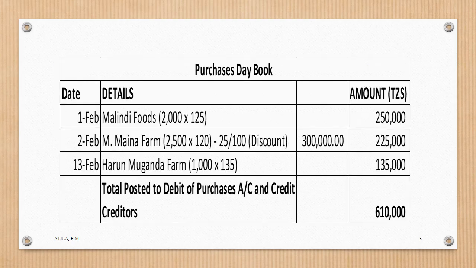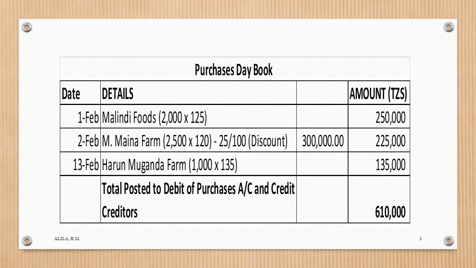So the Purchases Daybook, to be simple, may have columns for date, details, and amount. On 1st February, we bought from Malindi 2,000 times 125, which is 250,000. On 2nd February, we bought from Maina Farm 2,500 bunches. Each bunch was 120, but we have to less a discount of 25%.